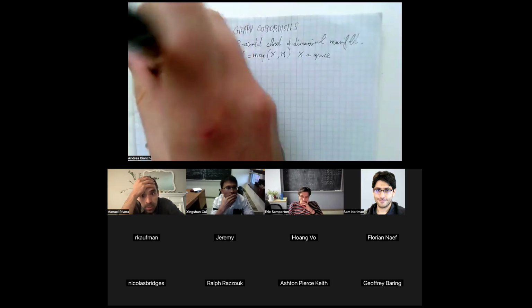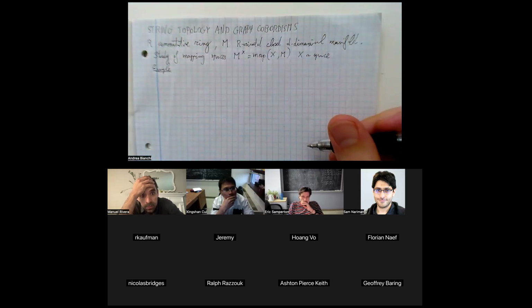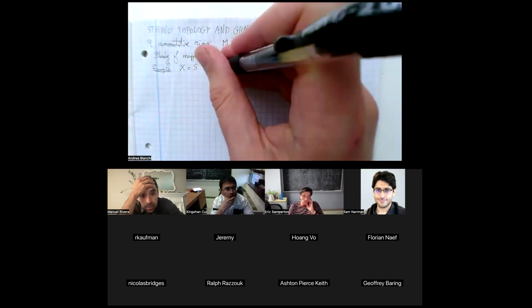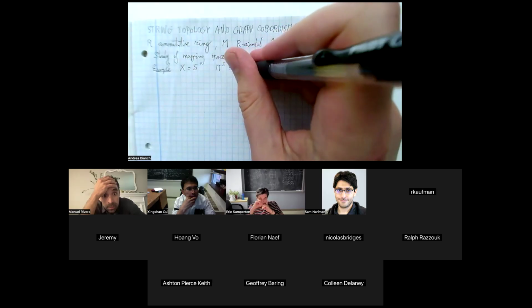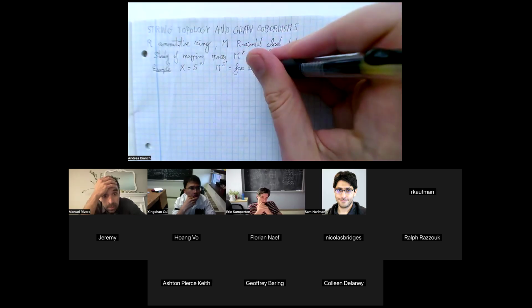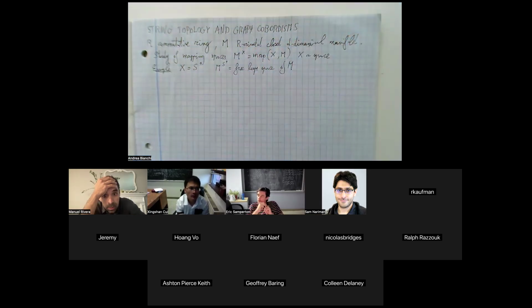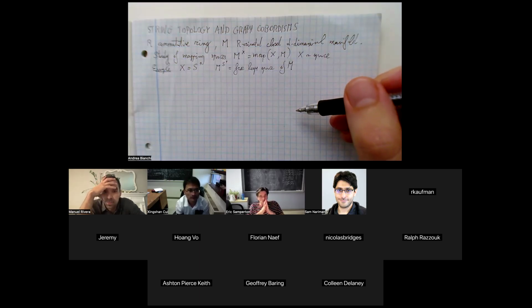The main example to keep in mind, which is the one on which most literature is focusing, is when X is a circle. Then we have that M to the S1 is the free loop space of M. This is the example that is most studied. But for me, X, as I repeat, can be literally any space.